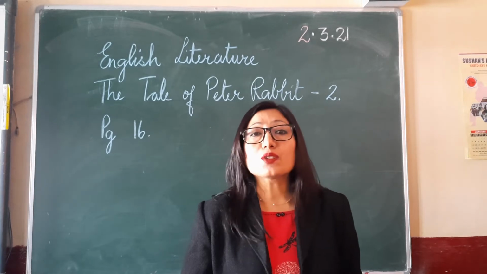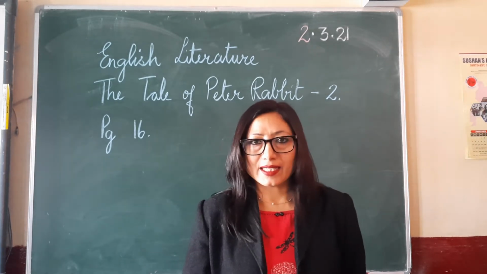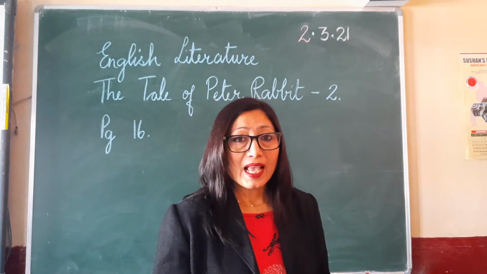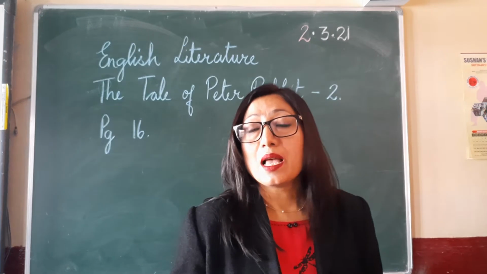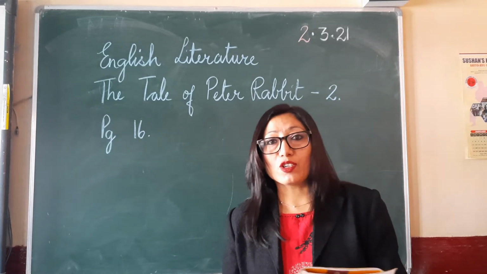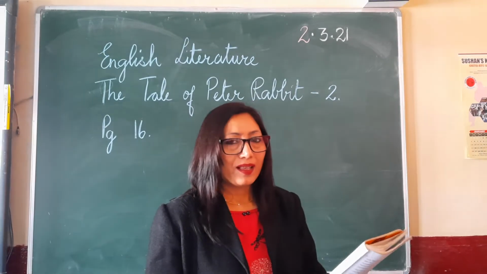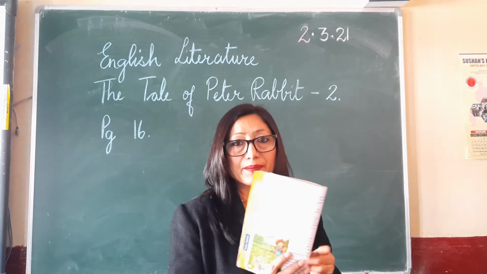But Peter disobeyed her and he ran under the gate, squeezed under the gate of the farm and entered the farm. And he ate some of the vegetables which Mr. McGregor had grown there. And Peter got caught in a gooseberry net. So let's continue. Okay? It's on page 16.